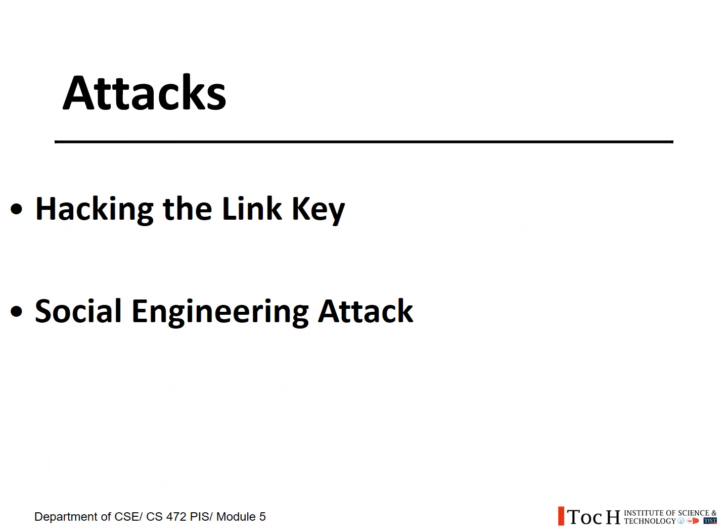Finally, we will discuss the security issues connected with link level security mode. The first kind of attack is hacking the link key, and the second is social engineering attack.